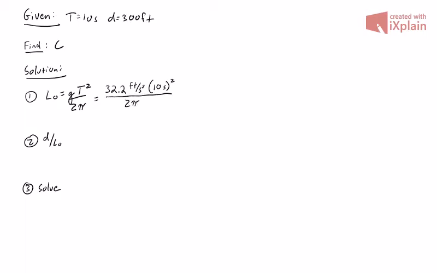Now, I know this is going to sound kind of dumb, but when you're plugging in these values to solve for deep water wavelength into your calculator, you got to make sure you're going to do 32.2 times 10 squared divided by 2. And then where people make a mistake a lot of the time is they hit divided, and then they hit 2, and then they hit pi, and then they hit enter. Due to order of operations on your calculator, instead of dividing by pi, that's going to multiply by it.